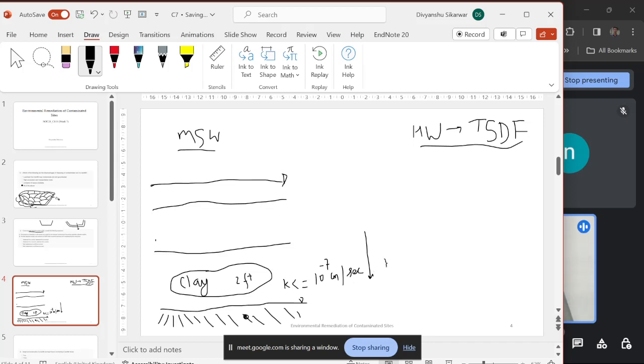There are two terms, porosity and permeability. Porosity for clay soil is high. There are many voids. Do you understand the term porosity? Porosity is basically the volume of voids divided by total volume.